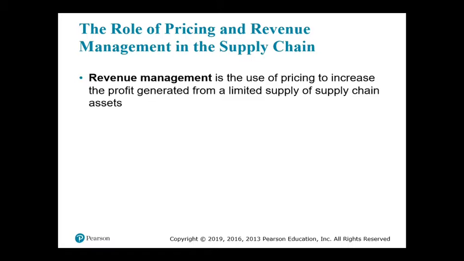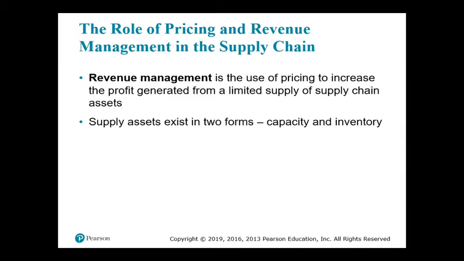So supply chain assets refers to either capacity, like production or service capacity, or inventory of products. And traditionally firms would change the availability of assets, either capacity or inventory, to match supply with demand, which allows us to capture as much profit as possible.